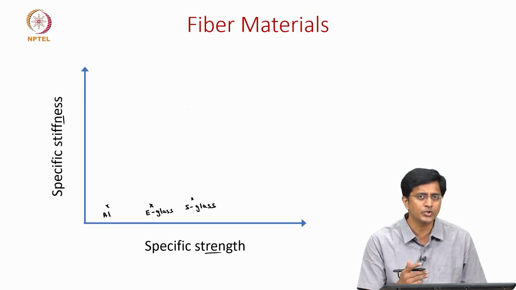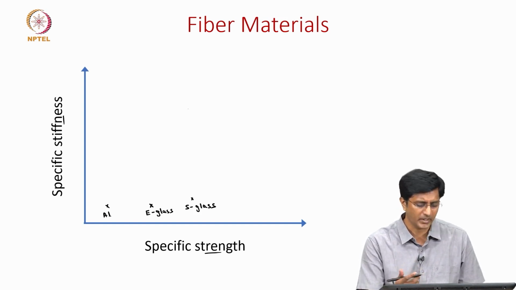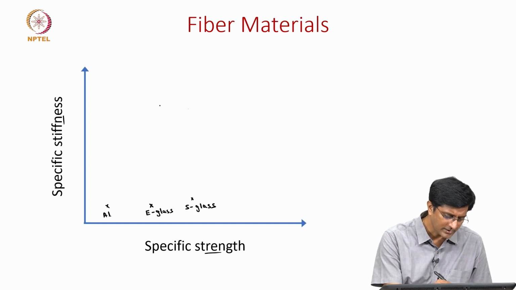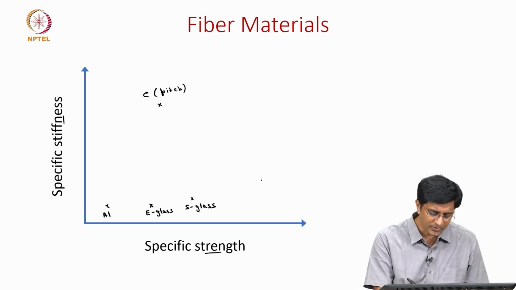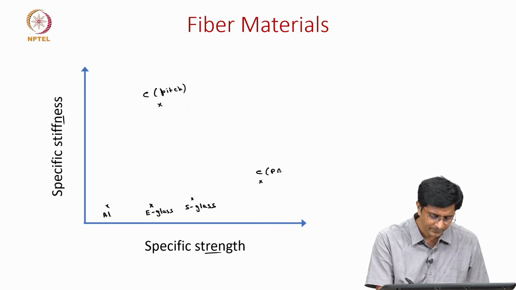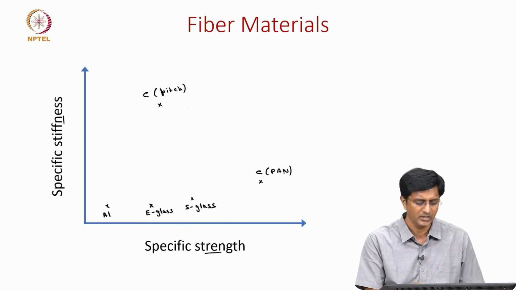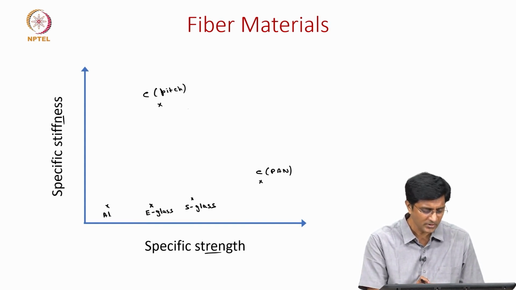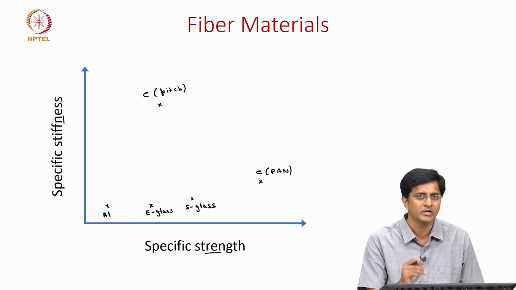So, next we move to the carbon fibers. If we recall, carbon is made from two different precursors, pitch as well as PAN. So, let us say here are the carbon fibers made from pitch, but the carbon fibers made from PAN are somewhere here, meaning the carbon fibers made from PAN have very high specific strength compared to the glass fibers, but if we compare the specific stiffness, there is an improvement, but not too high.